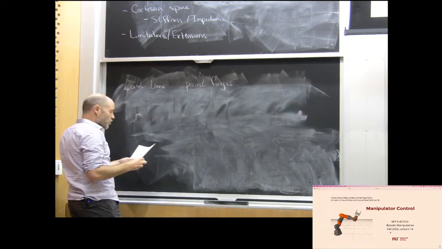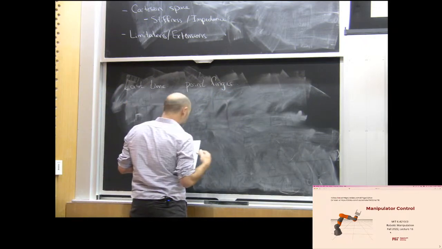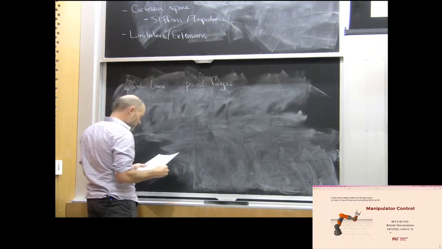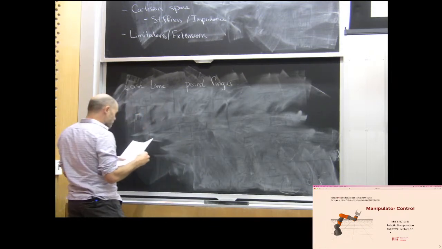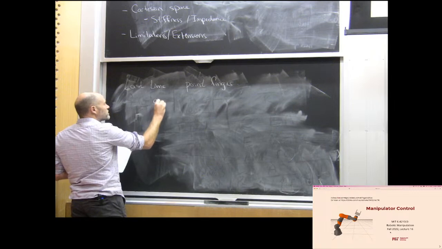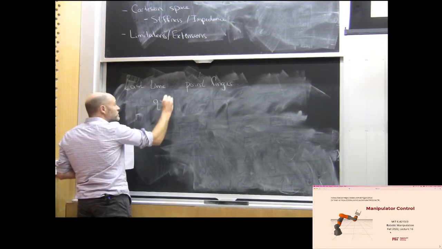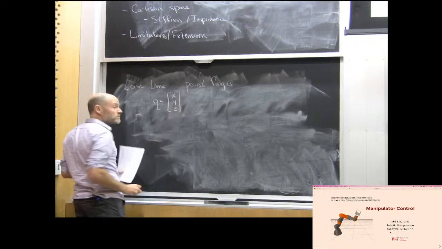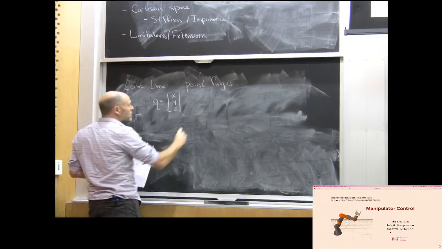We thought about our robot as just being a point with some mass, okay? So the configuration of that was really just the x, y, z position of that, okay?